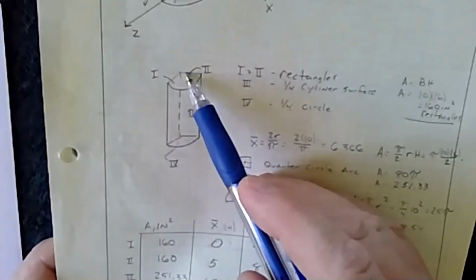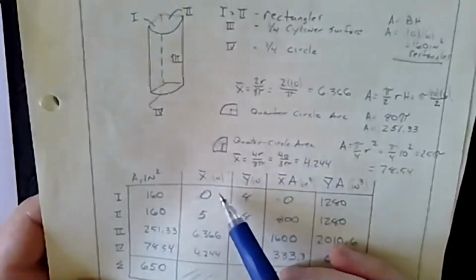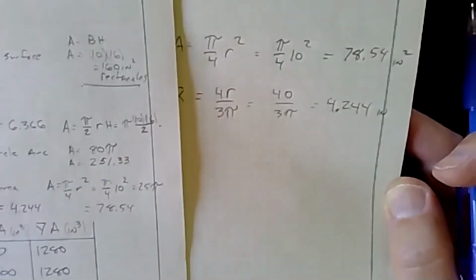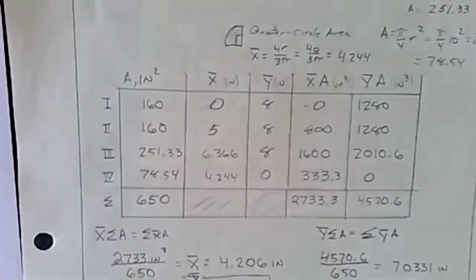And for 2, it's going to be half, so it's 5. And then for the numbers we got before, we got 6.366 and 4.244. So that's my X bar.